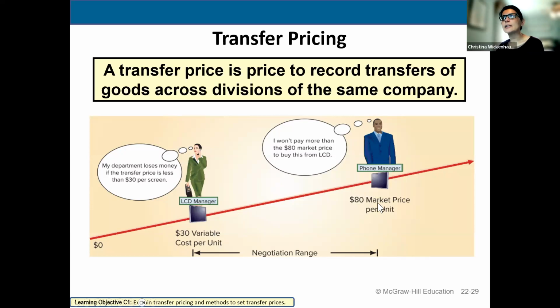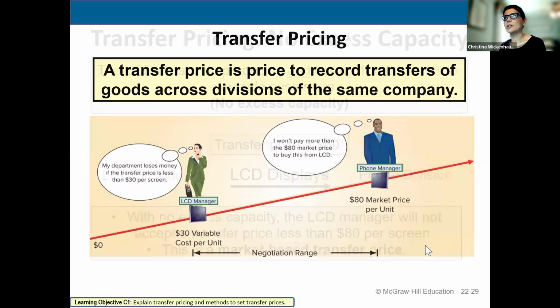So this picture is saying, the market price if I buy it from somebody else is $80. That's the cost side, but obviously you want to make sure that there's a cushion because they want to be able to create a profit. So this screen is just telling us this is our negotiation range. How much can I charge?